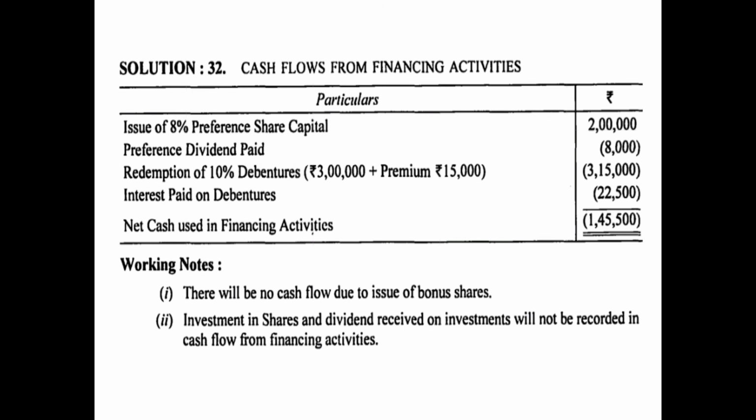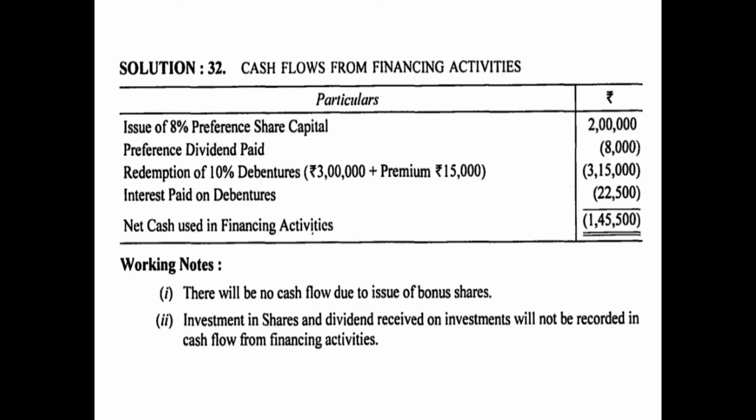So after adding all the cash inflows and deducting all the cash outflows, the net cash which is being calculated is 1,45,500 negative. Therefore we have put the balance in bracket, and also we have used the word 'used in'. That means this negative balance of 1,45,500 is showing the net cash used in financing activity.